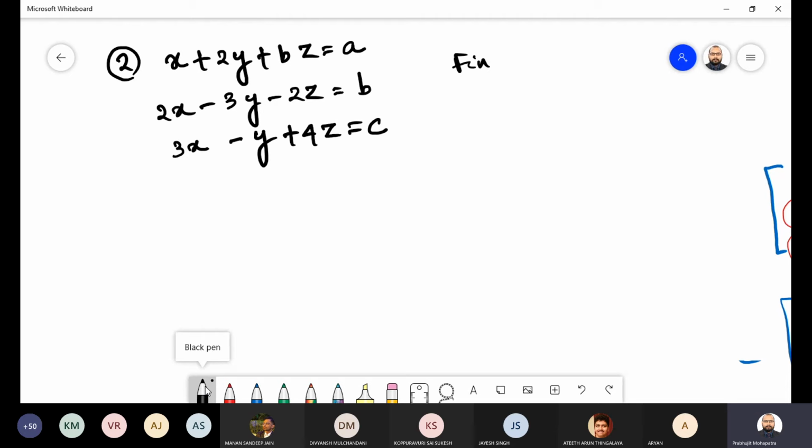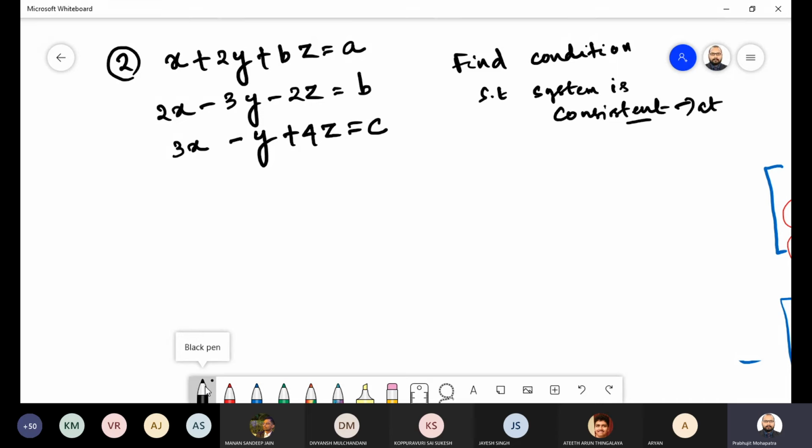Find the condition such that the system is consistent. System is consistent means you have at least one solution.